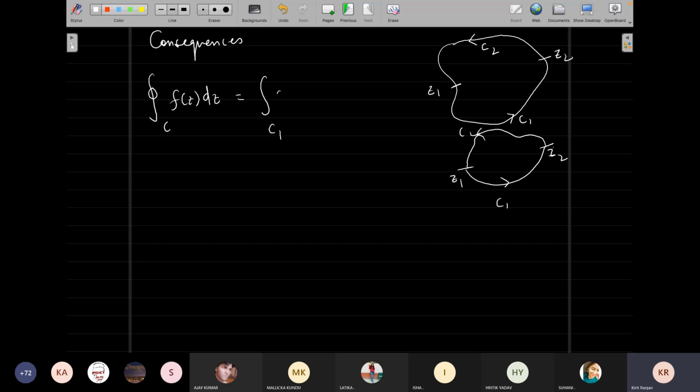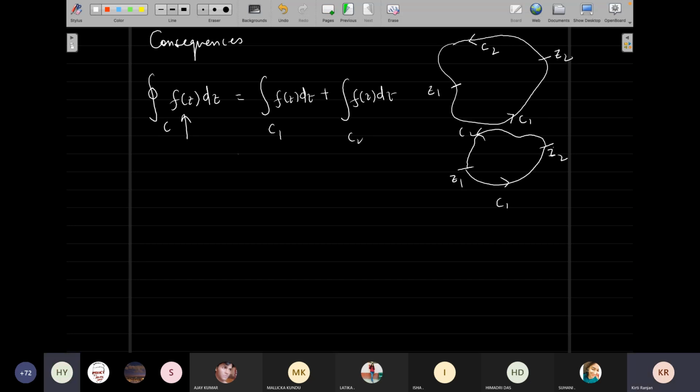So it is the integral of f(z) dz plus the integral of f(z) dz, right? Now this C2 is traversed here like this, C1 is traversed here like this, right? Fine. As long as f(z) is analytic on and inside this simple closed path, what is the result? 0.